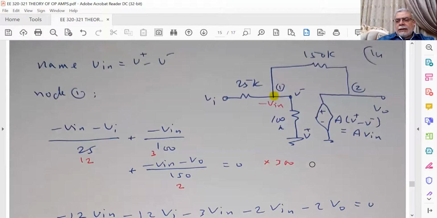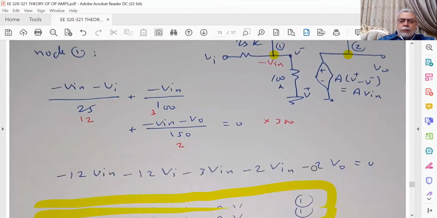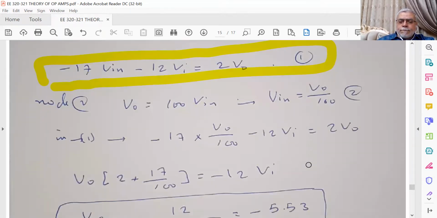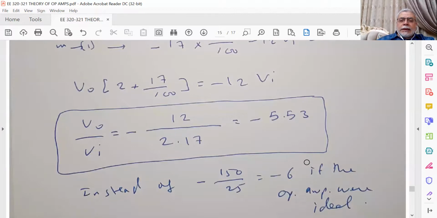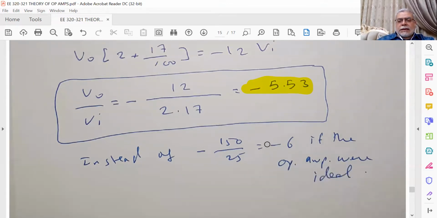Now, at the second node, I have Vo equal to AVn. So replace Vn equal to Vo divided by A. I will get Vo divided by Vi equal to minus 5.53 instead of minus 6 if the amplifier were ideal.